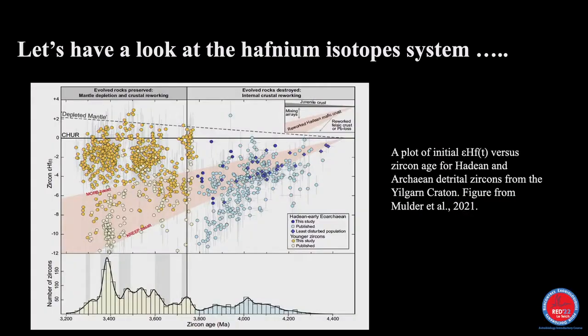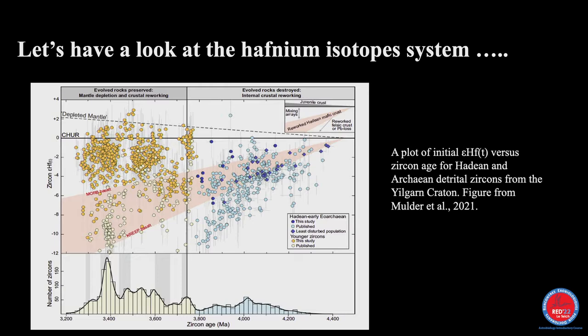But if zircons crystallize within these TTGs, the epsilon hafnium signature of these zircons will be negative. So we have two different processes, and due to this knowledge, we may relate which signature belongs to which process and which environment.